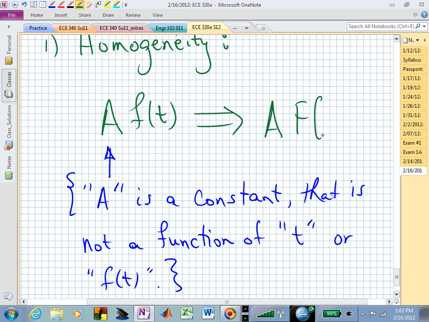Exactly the same scaling applied to what we know f of t's Laplace transform is. So that's homogeneity.